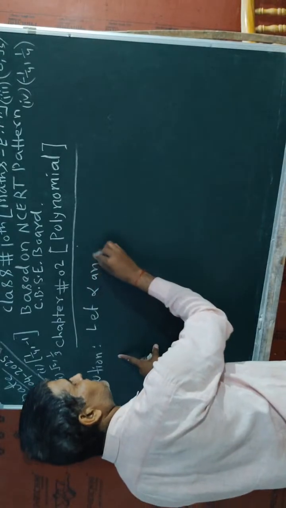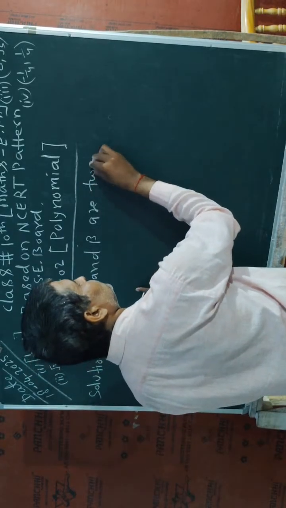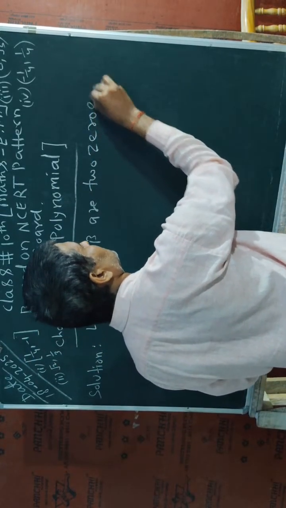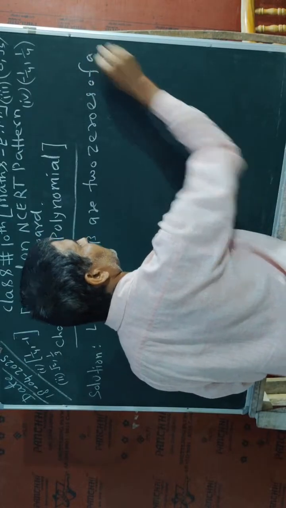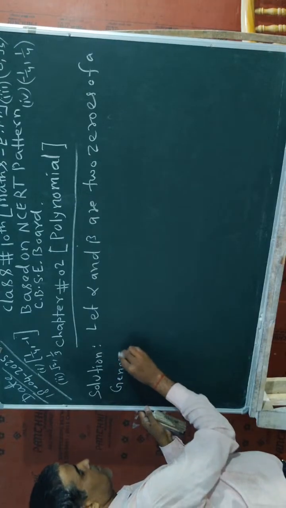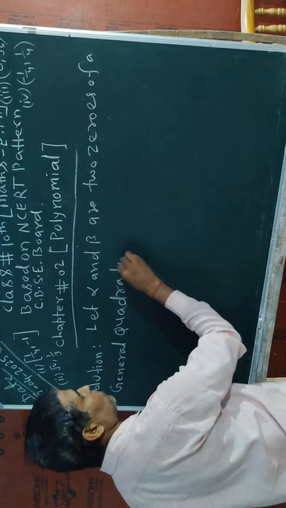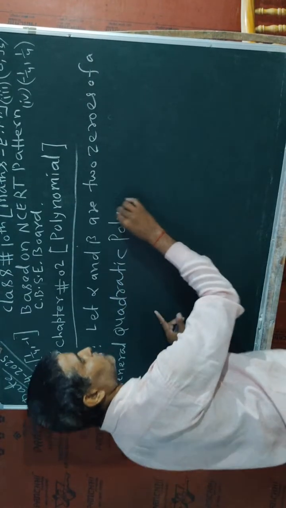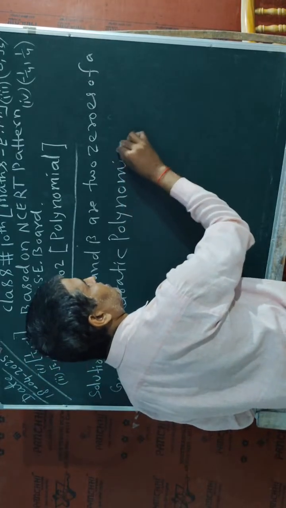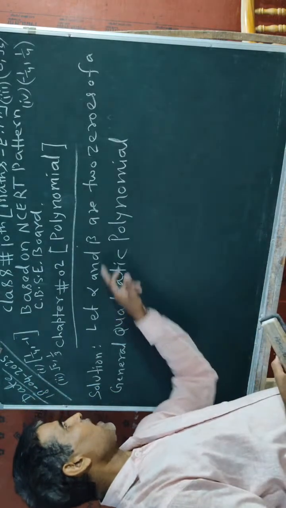In the starting step, you have to write: let alpha and beta be two zeros of a general quadratic polynomial. I have assumed here alpha and beta.